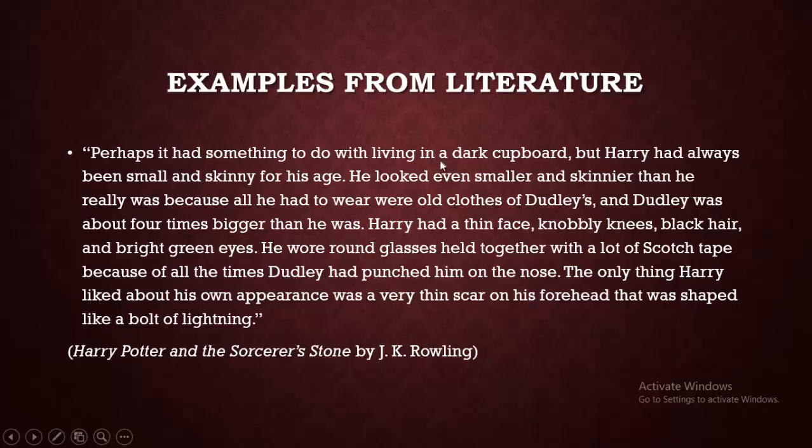So you can see the writer J.K. Rowling is directly telling us about his circumstances, his physical appearance, his age, his thinness or being skinny, his smaller size, the clothes he wears, his face, knees, hair and eyes, etc. All these things are directly told to us by the writer. So this is direct characterization, and it is an example from literature.